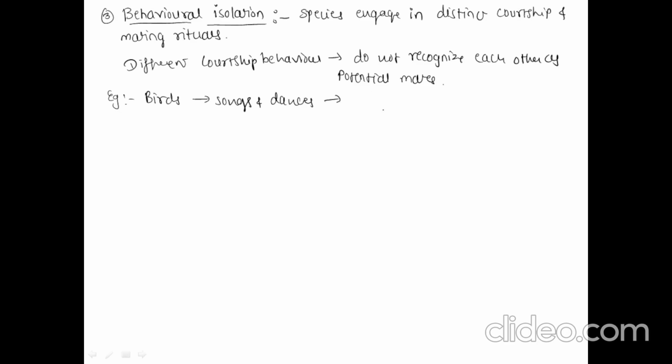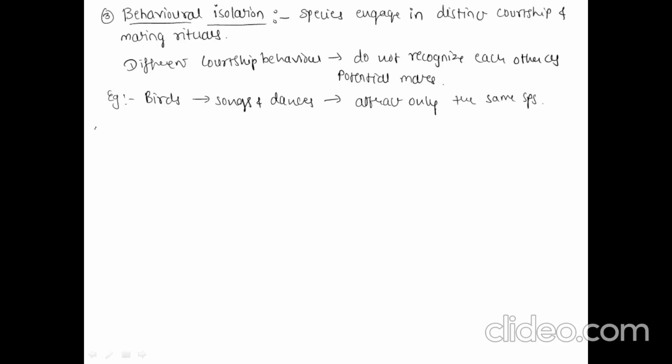These can be identified by, or attract, only the same species. This is the example for behavioral isolation.